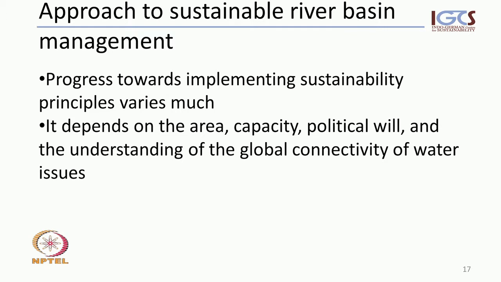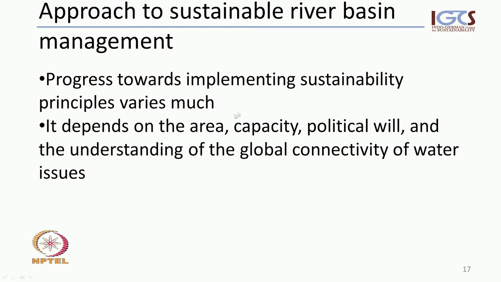That progress depends on the area, the capacity, political will, and the understanding of the global connectivity of water issues. Not all river basins are equally equipped to move straightforward, fast and efficiently towards the sustainability principles.